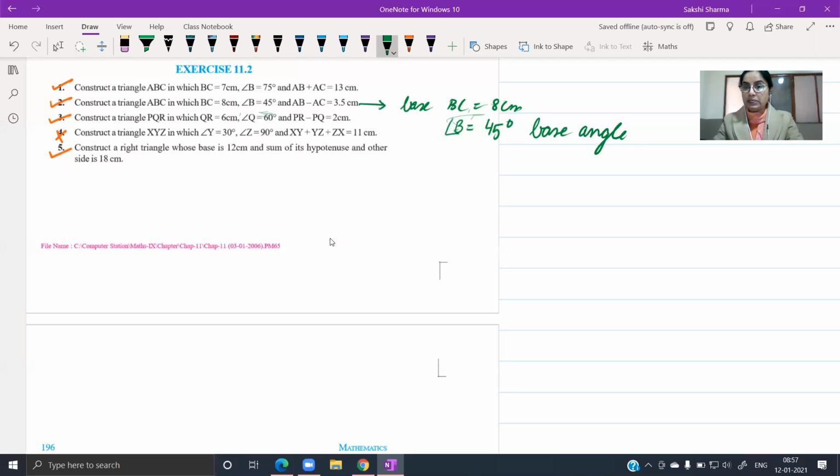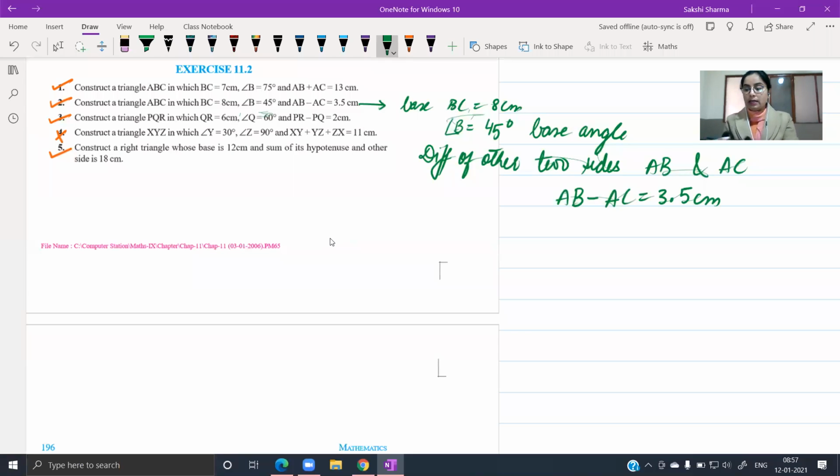Your base is BC. You could either be given angle B or you could be given angle C. You are here given angle B. Along with that, you are given a difference of the other two sides. The other two sides of the triangle will be AB and AC. So the difference is given as AB minus AC as 3.5 centimeters.